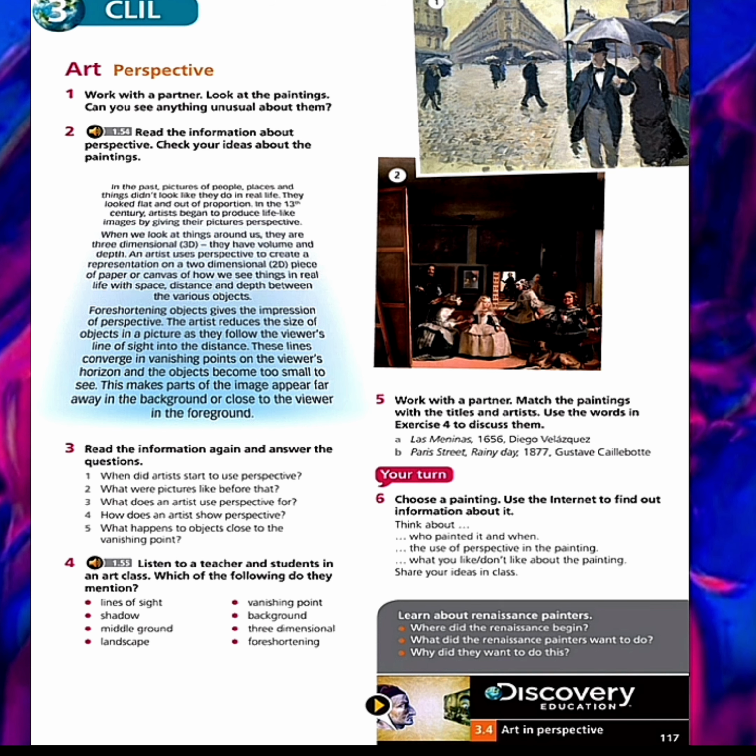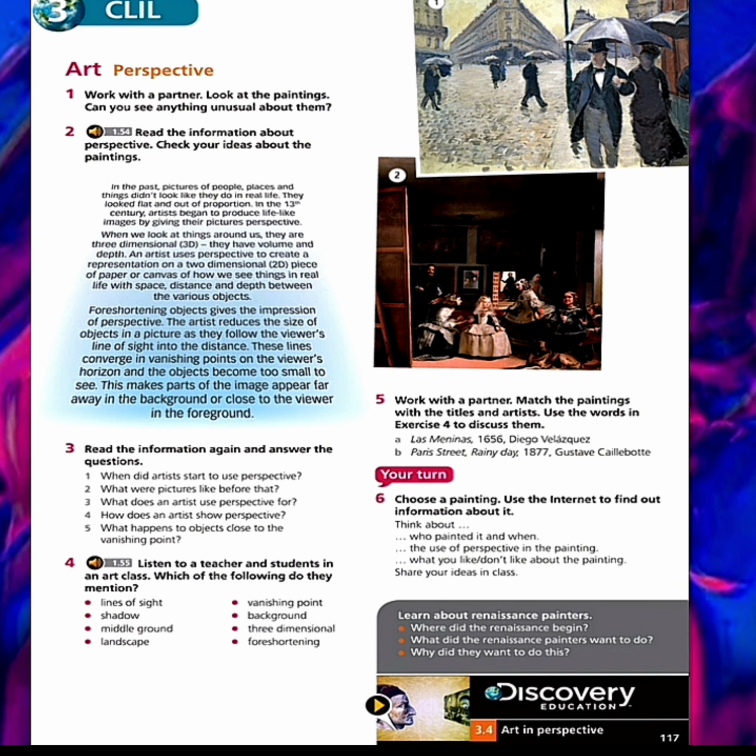When we look at things around us, they are three-dimensional, 3D. They have volume and depth. An artist uses perspective to create a representation on a two-dimensional, 2D piece of paper or canvas of how we see things in real life, with space, distance and depth between the various objects.